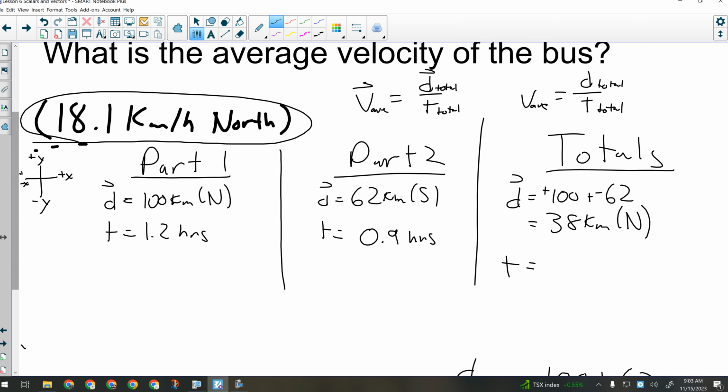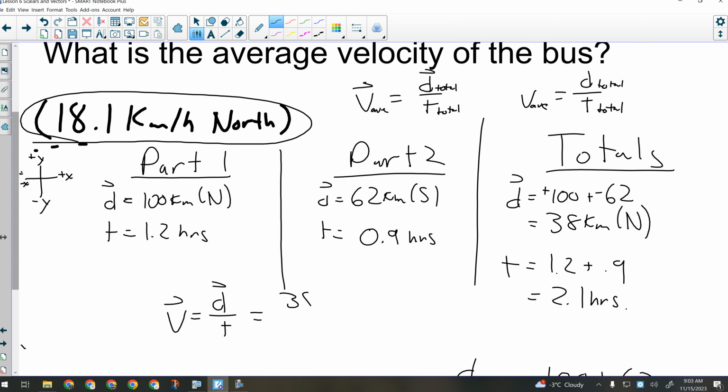Linear, always going forwards. Scalar. It's a scalar quantity, doesn't have direction on it, okay? So for those ones, I just take the 1.2 and I add the 0.9 and I get a total time of 2.1 hours.